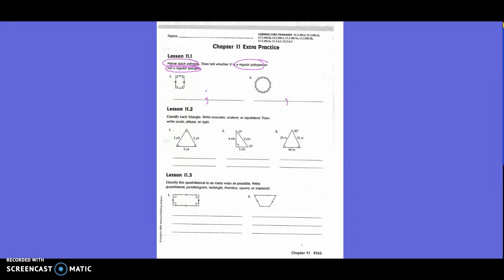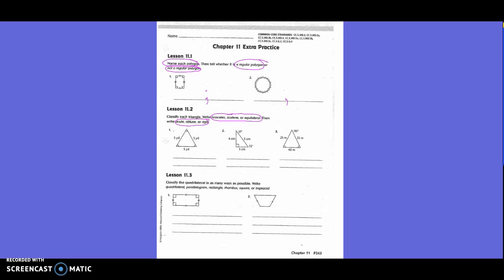On number 11.2, classify each triangle. Write isosceles, scalene, or equilateral. Then write acute, obtuse, or right. So you need to circle this, and you also need to circle this. So both of those will have how many answers? 2, right? Lesson 11.3, classify the quadrilateral as many ways as possible. Write either quadrilateral, parallelogram, rectangle, rhombus, square, or trapezoid.